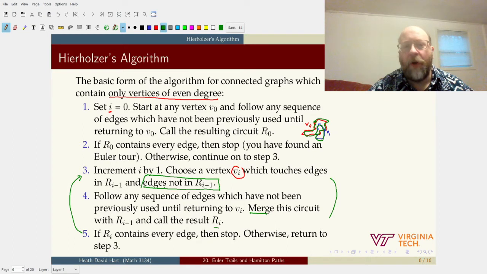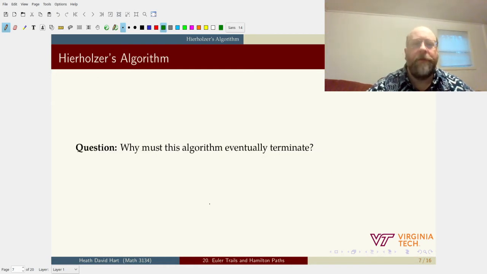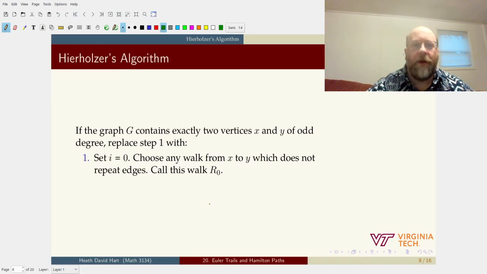And so the number of edges that haven't been seen yet decreases. And since we started with a finite graph, if we decrease every single time, we eventually have to reach 0. We can't keep decreasing an infinite amount. And so this algorithm will terminate. So we're good. All right.